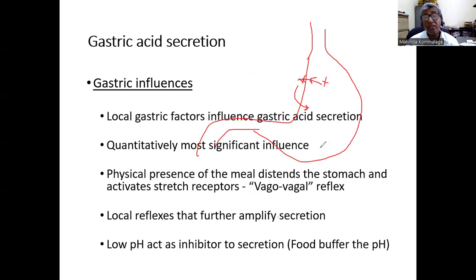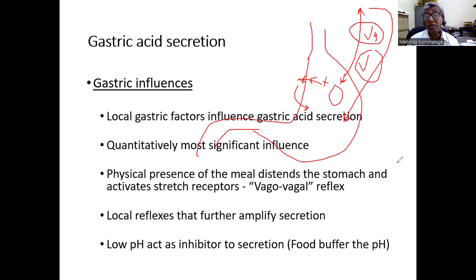Other than that, when the food particles come to the stomach, a central reflex also will operate. A receptor here will touch the food bolus and send impulses to the brain through the vagus nerve. And from the brain, impulses come to the secretory cells through the vagus nerve. So both afferents and efferents go through the vagus nerve to and from the brain.